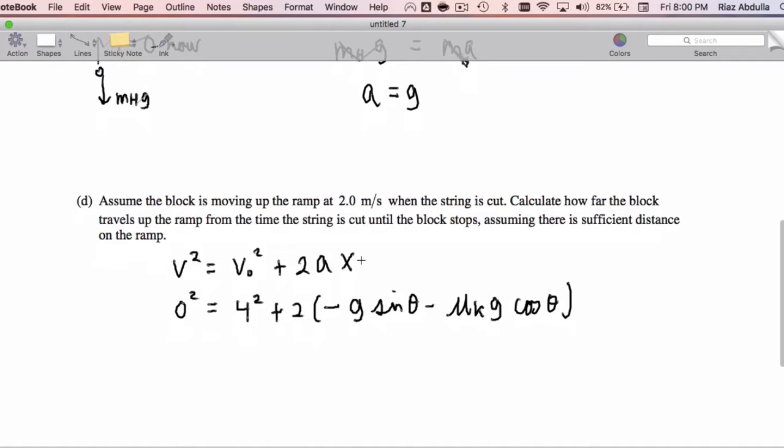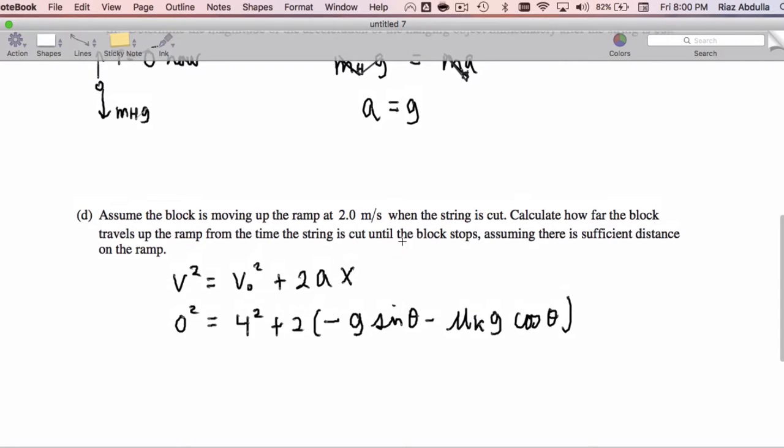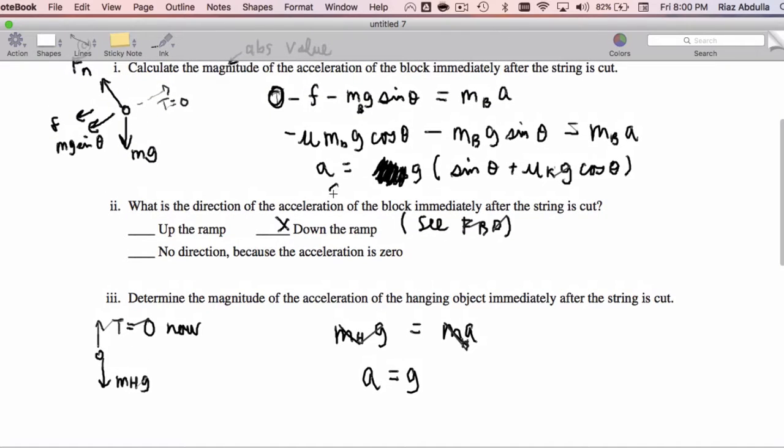When we actually put in the numbers, that's going to end up being a equals 10 times the sine of 30 plus 0.1 times the cosine of 30. And that's going to give us 5.87. By the way, it's 5.75 if you use 9.8.